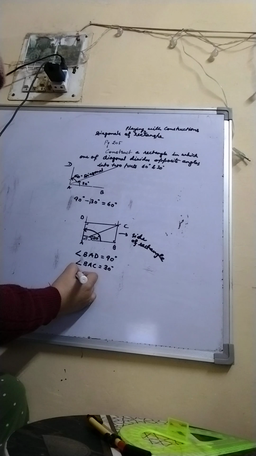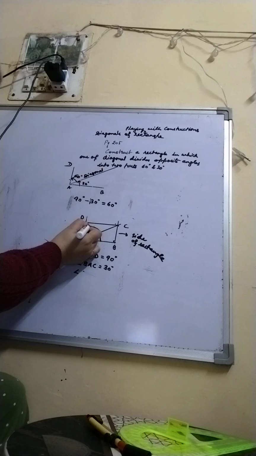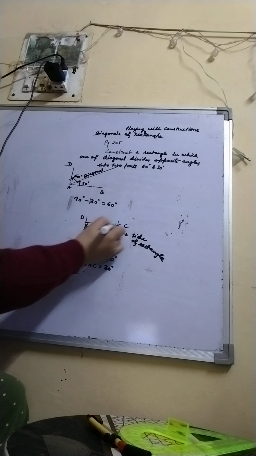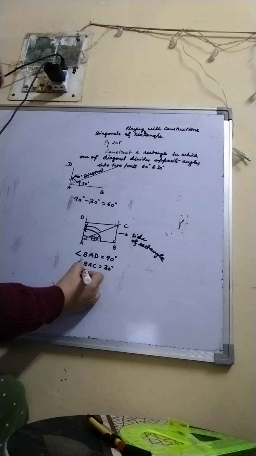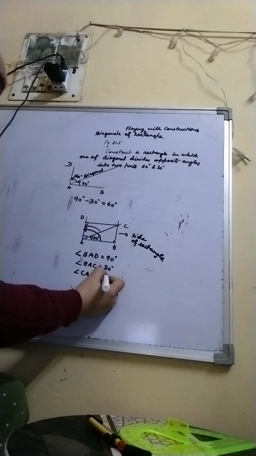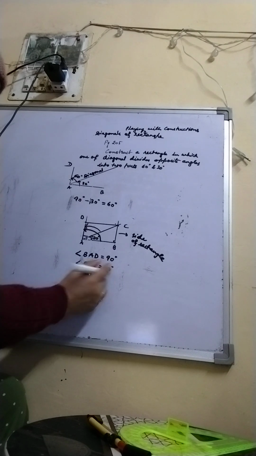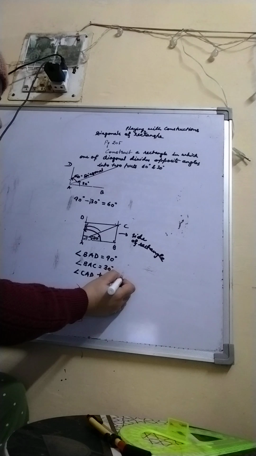So the rest of the angle would be, what is the name of the angle which starts from AC and goes till AD? It would be angle CAD. You can write angle CAD plus angle BAC is equal to 90 degrees, the total angle.